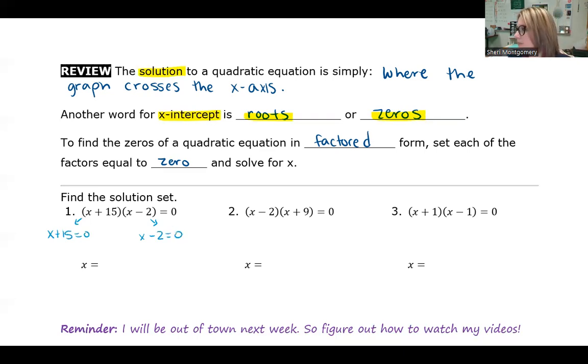These will always be simple one, maybe two-step equations at this point. So x plus 15 is equal to 0. We subtract 15 and we get x is equal to negative 15. And x minus 2 is equal to 0. We add 2, so we get x is equal to 2. So I can list my solutions. I get x is equal to negative 15 and 2.